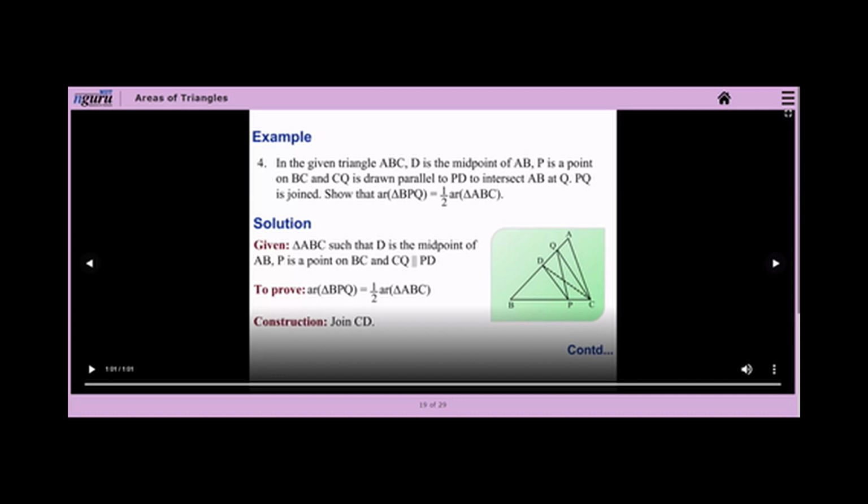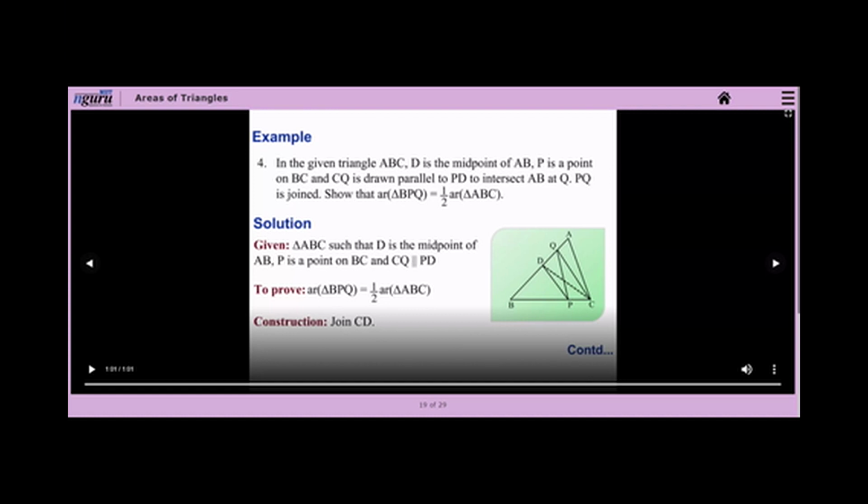Correct. Now, area of ADC, you have to get BPQ. You are saying area of DBC, right? Not ADC, DBC. Correct? Yes, ma'am. DBC. Now we need BPQ there. So DBC area equal to ADC. If you add DQP, you will get BPQ, no? Yes, ma'am. And you can add for ADC, DPQ equal to DPC.